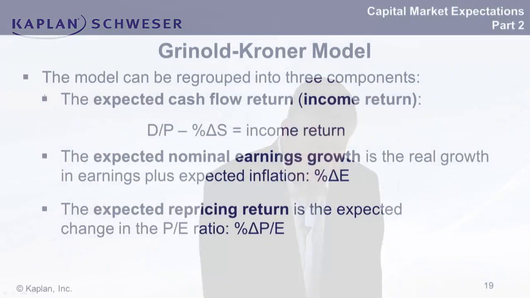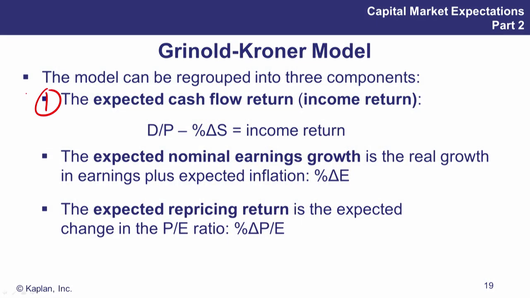Now, past questions, they love this in the exam from the past, and here's what they love to do. They ask you to separate things out into the three components. Number one, what's the income component, the cash flow component? Number two, what's the growth component, the nominal growth component? And number three, what's the repricing component as well? And if it's a morning version for the exam, define the components too.